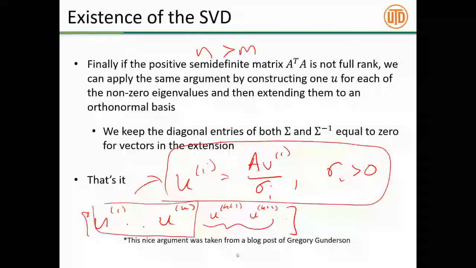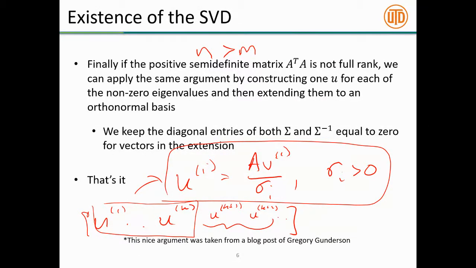The only other change is that we choose the diagonal entries in the same way. So the inverse entry is 1 over sigma i if sigma i is not equal to 0, and otherwise it is 0. This is the same kind of thing we did when we found the solution to linear systems. When we went to invert the matrix, it wasn't invertible because some of the eigenvalues were 0.